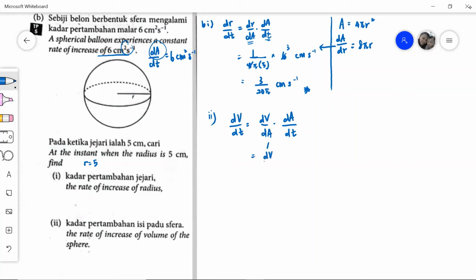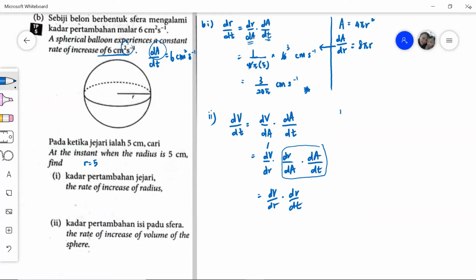I split the dV by dA and chain them together using the radius. By the way, dr by dA times dA by dt is actually dr by dt, which we already found in part 1.